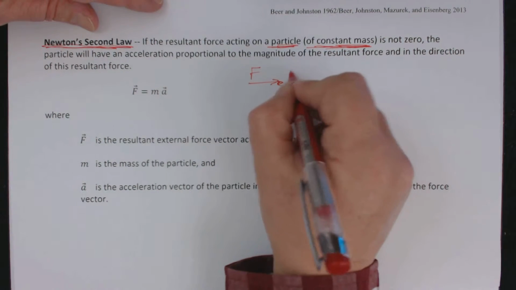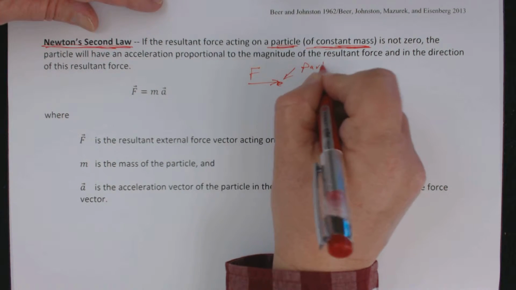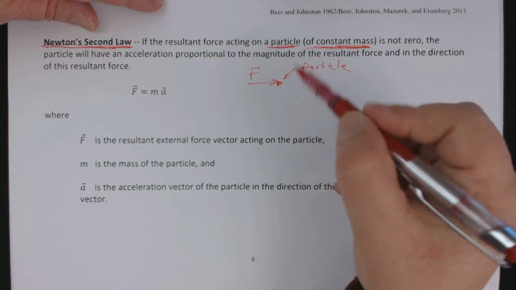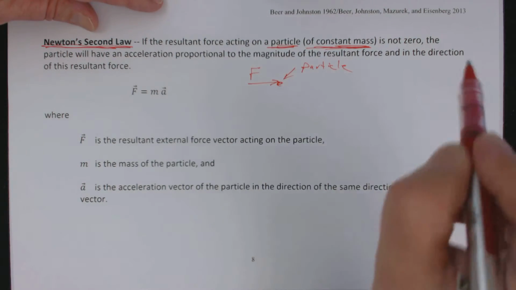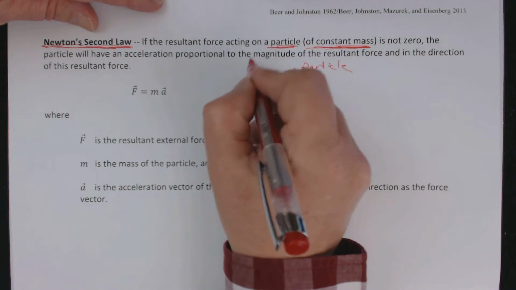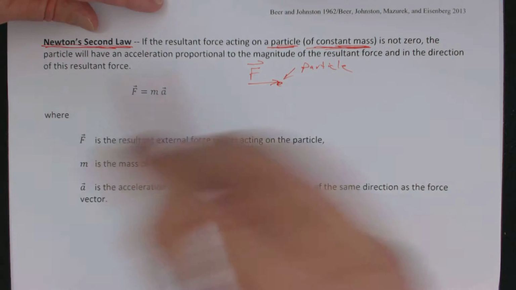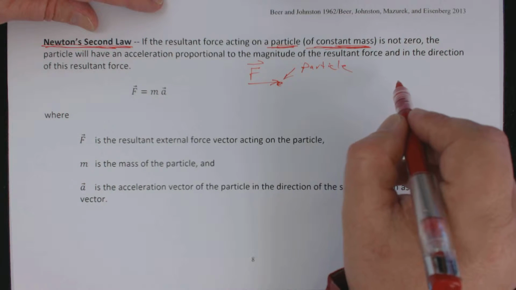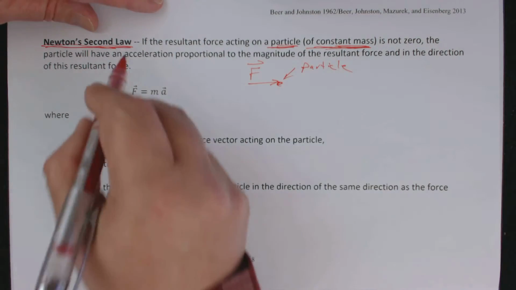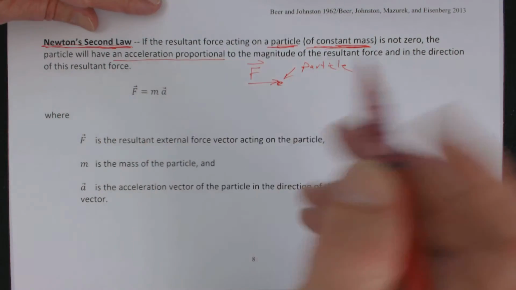So here's a force, there's a particle, like that. And if that force is not zero, and maybe I put a little vector sign on there because forces are vectors, if that force is not zero, then the particle will have an acceleration.